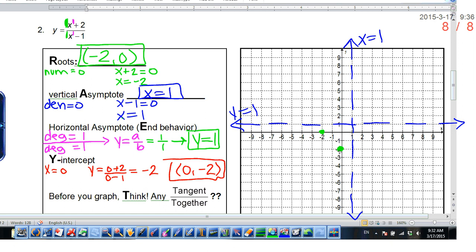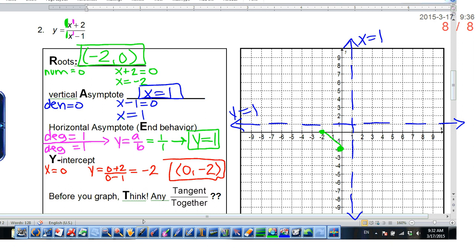All right, so does everyone have these 4 things plotted? Okay. Notice I have 2 points on the same side of my vertical asymptote. I have to connect those points. They're going to have to go together. Don't necessarily use a straight line. Try and make it kind of curvy. But just know in your head, those 2 points are going to have to go together. Everyone okay with that?